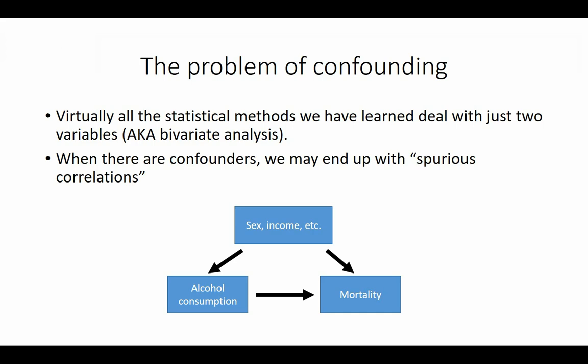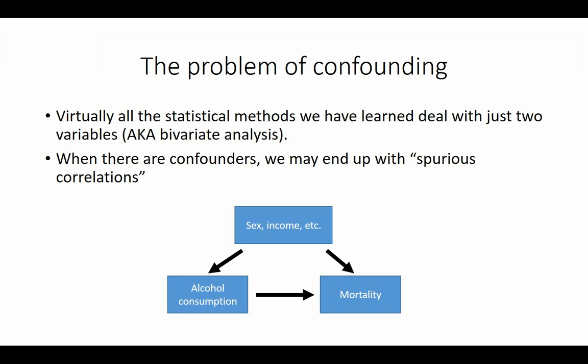I mean, thankfully in this case, there is one possibility that you can rule out. So we know that mortality doesn't affect alcohol consumption. After people are dead, they don't drink anything. So at least we know that if there is some causal relationship, it has to go from consuming alcohol to dying, and not the other way around.